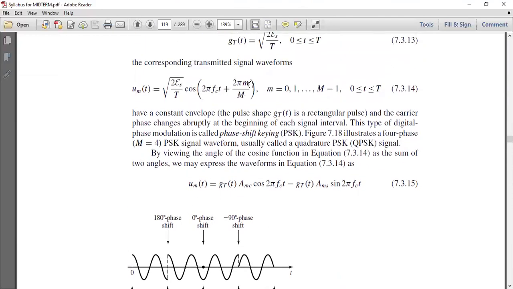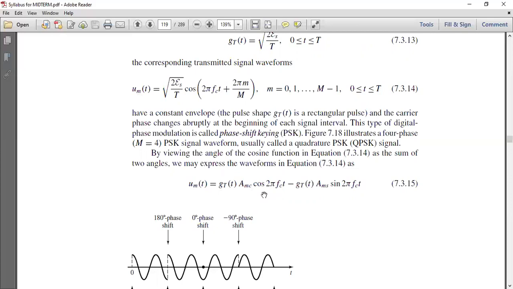If we expand this signal, by viewing the angle of the cosine function in equation 7.3.14 as the sum of two angles, we can expand this as cosine alpha plus beta. So we can express the bandpass transmitted phase modulated signal u_m like this one.